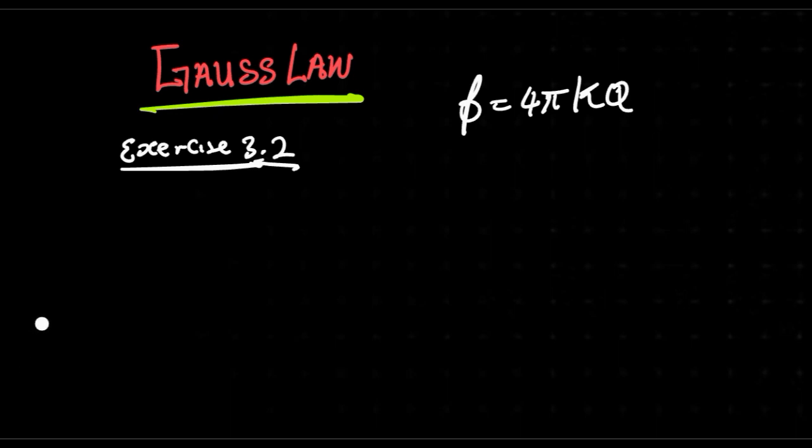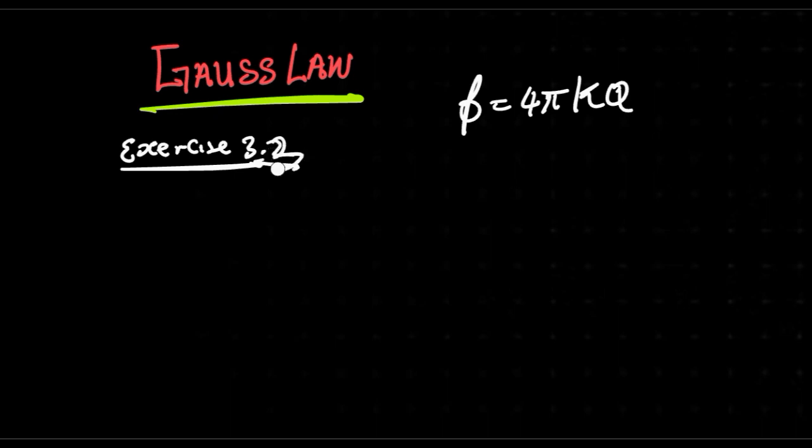I think this is very similar to the previous example we have solved before. Example 3.4 I will leave for you guys to solve, it's very easy. No, sorry, this is 3.3.